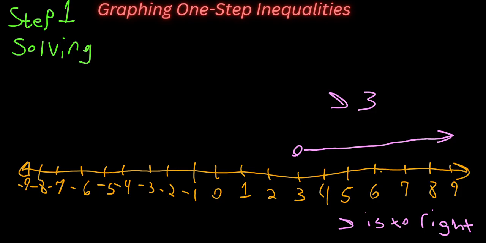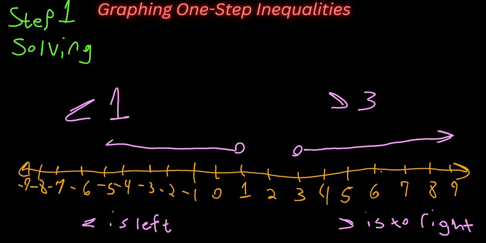And you're going to see that less than is left. So when you see less than 1, that's going to be everything left of 1. Now I'm just introducing you to how we graph it and represent it visually.